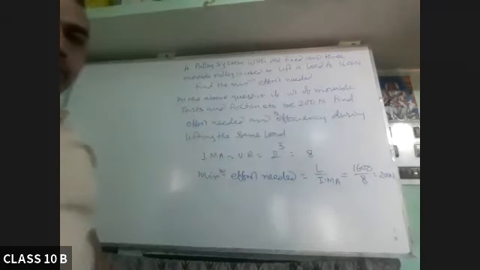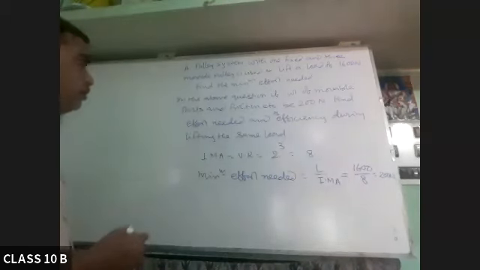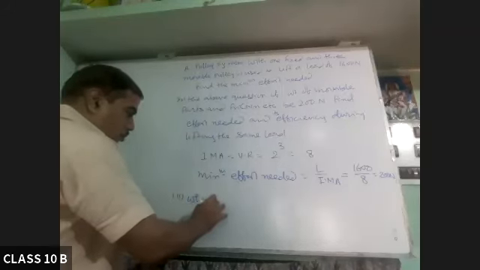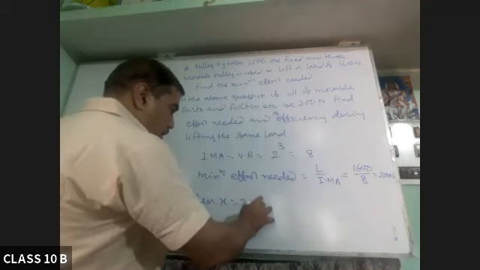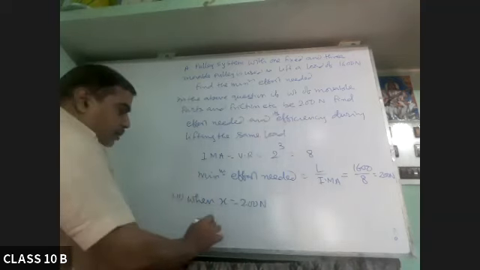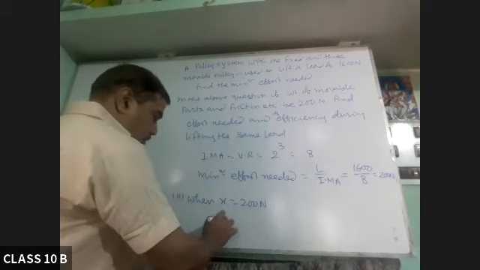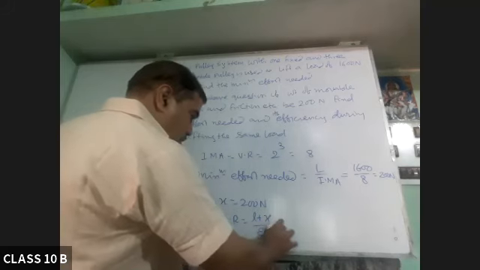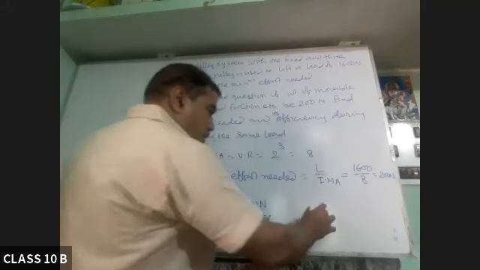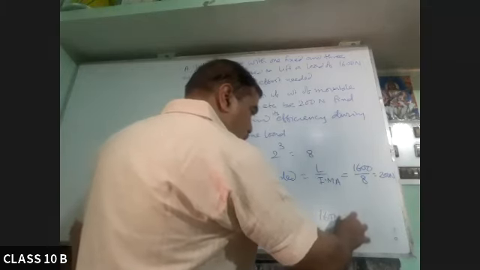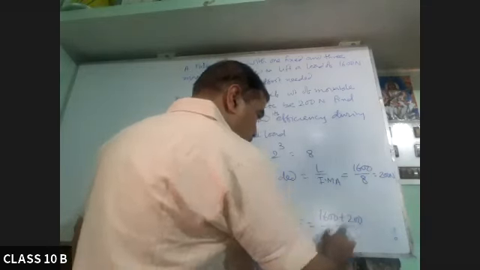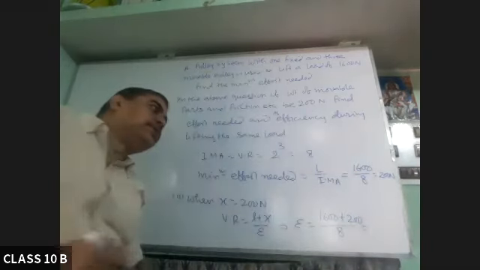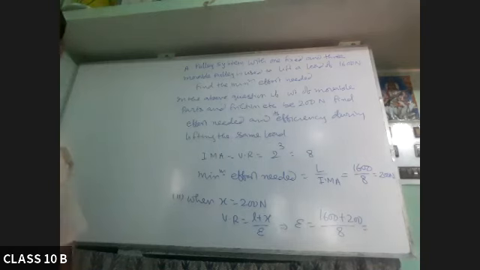So in this case, when x is 200, what will be the effort? 1,600 plus 200 over 8. 1800 by 8.